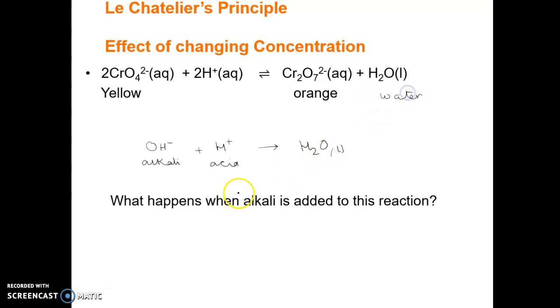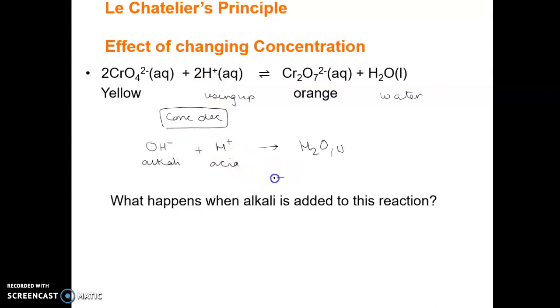So that means when you add alkali, you are using up more of H+. So if acid is being used up, the concentration of H+ is decreased. That means the reaction would try to oppose that change by producing more H+.